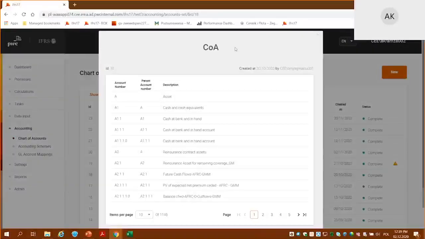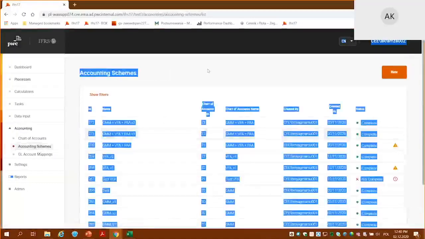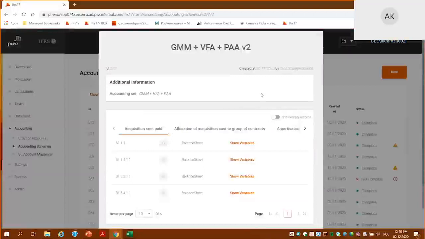On the contrary, we have already pre-populated it with PwC configuration, including, as you see, a chart of accounts composed of more than 1,200 entries, and all up and running accounting schemes for all measurement methods that can be easily and intuitively changed by yourself from a user interface.